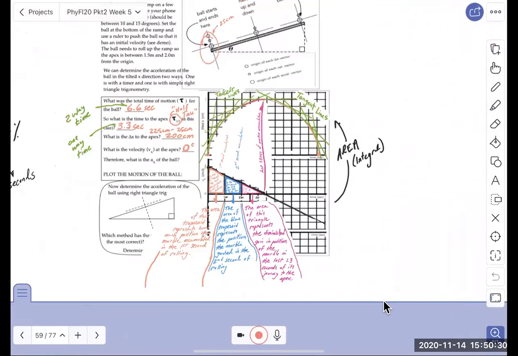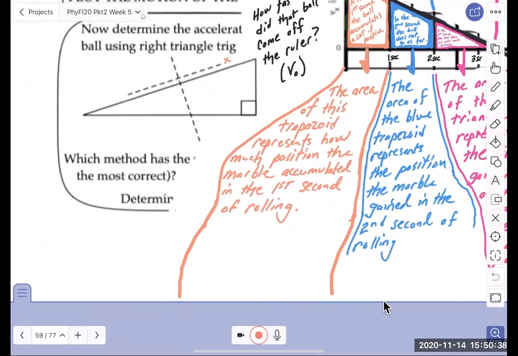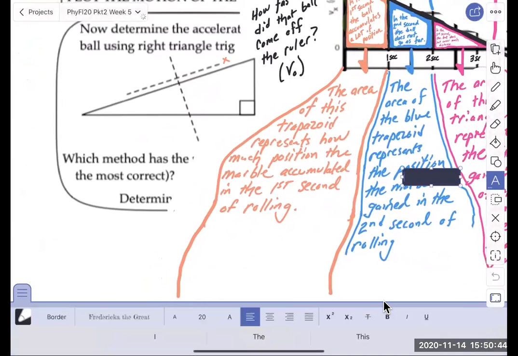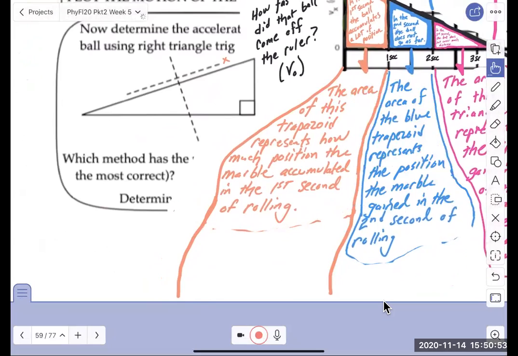Let's keep going. So now I've taken that and broken it down. Do a little math here. We start off with the orange. The area of this trapezoid represents how much position the marble accumulated in the first second of rolling. Oh man, I'm messing up here all of a sudden.